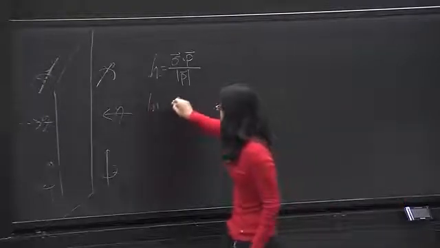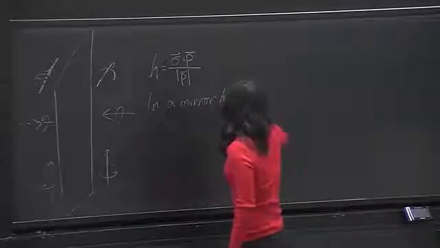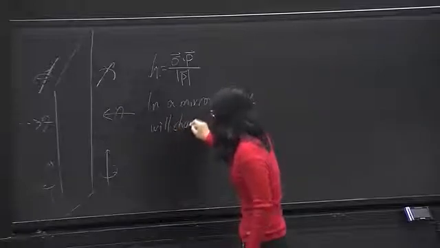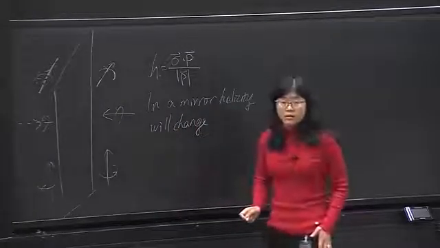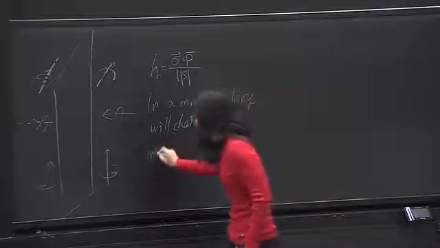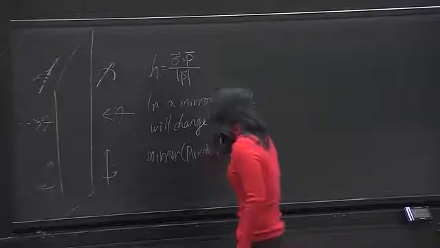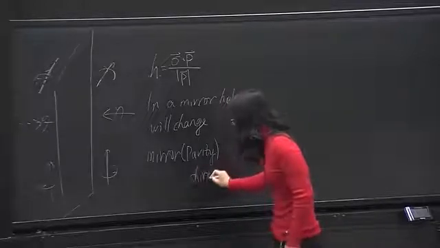So in a mirror, but for wire spinners, helicity and chirality are the same thing. That means mirror times parity will flip chirality, because who cares about the rotation?